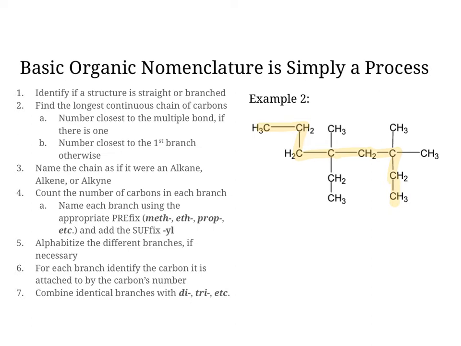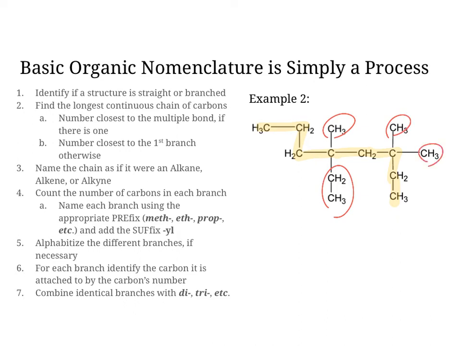Okay, so I'm going to talk about numbering in a second, but the next thing I'm going to do is identify my branches. So here I have a branch, another branch, another branch, and another branch.